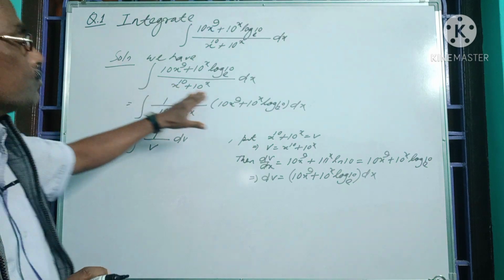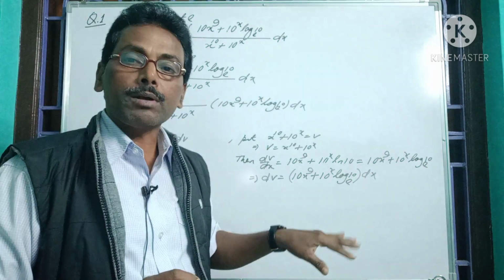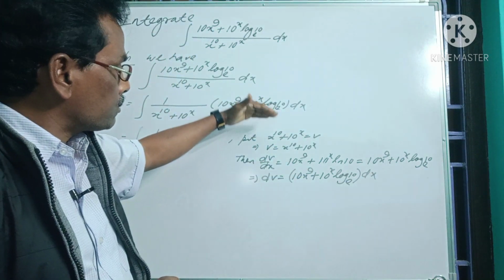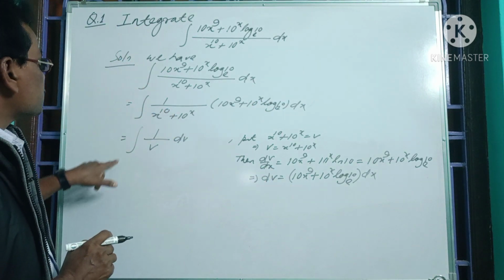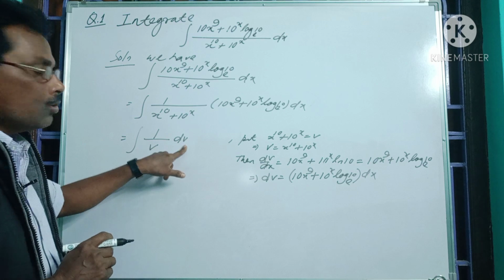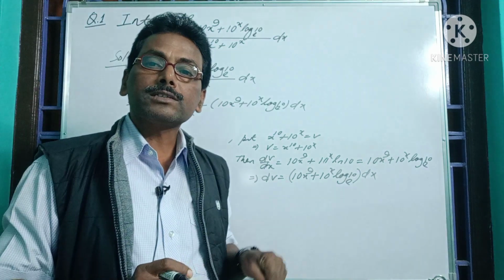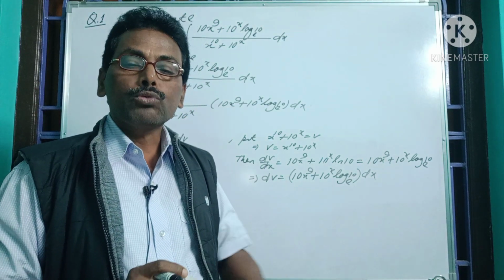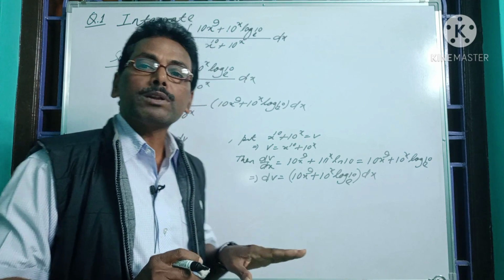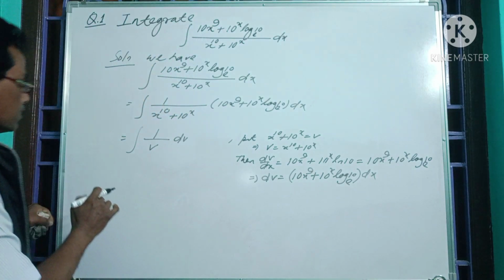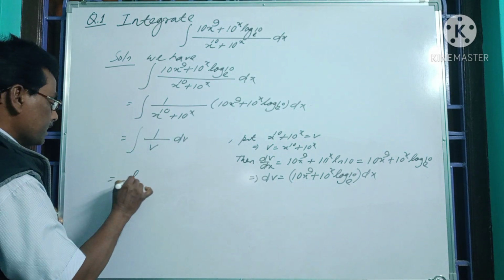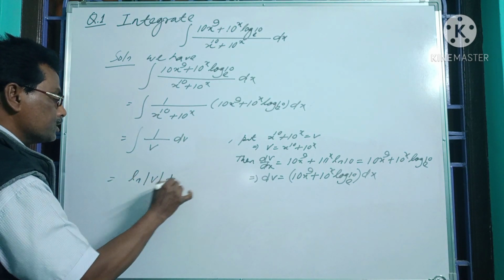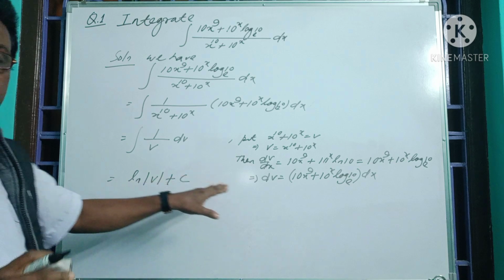The integrand which was not in standard form, after careful substitution and differentiation, is transformed into integration of 1 by v with respect to v, which is nothing but ln of mod v plus c. So integration of 1 by v with respect to v is ln of mod v plus c, where c is the constant of integration.